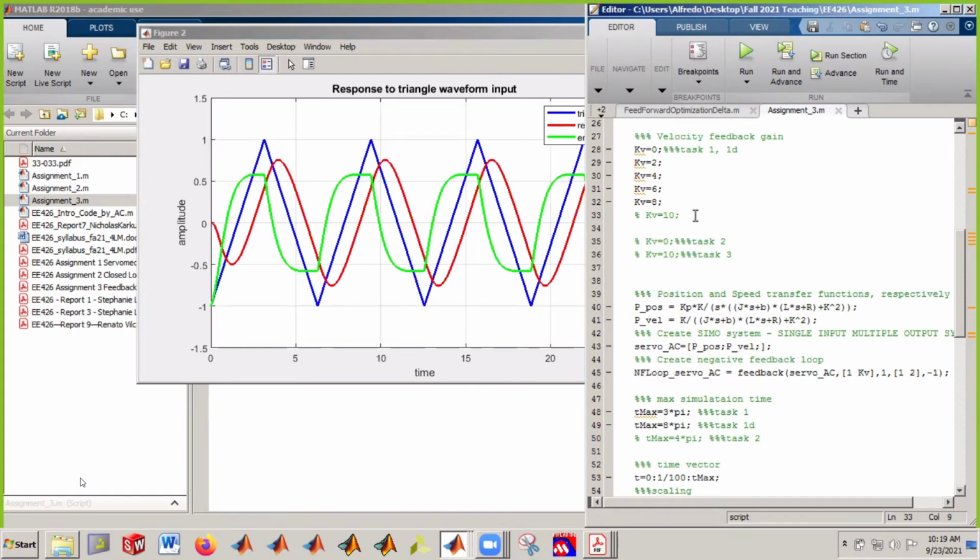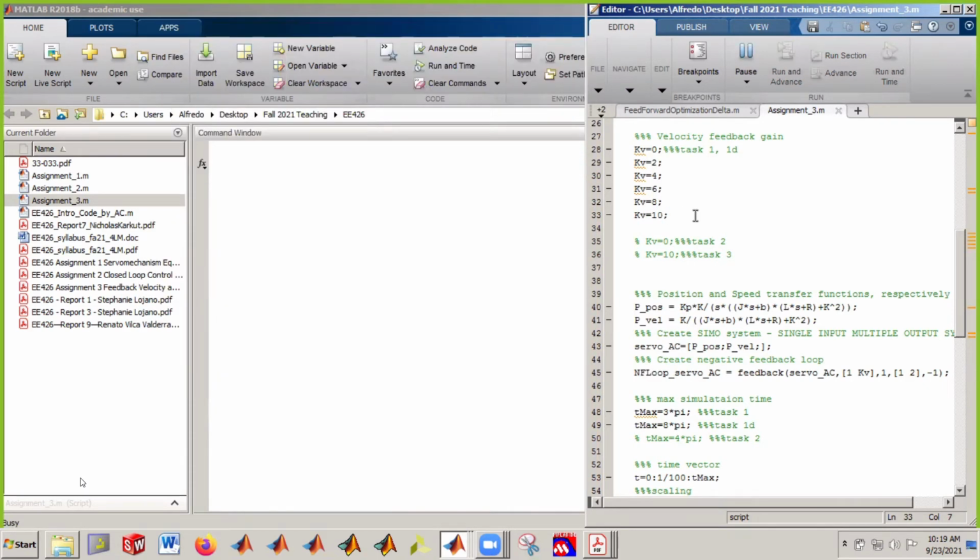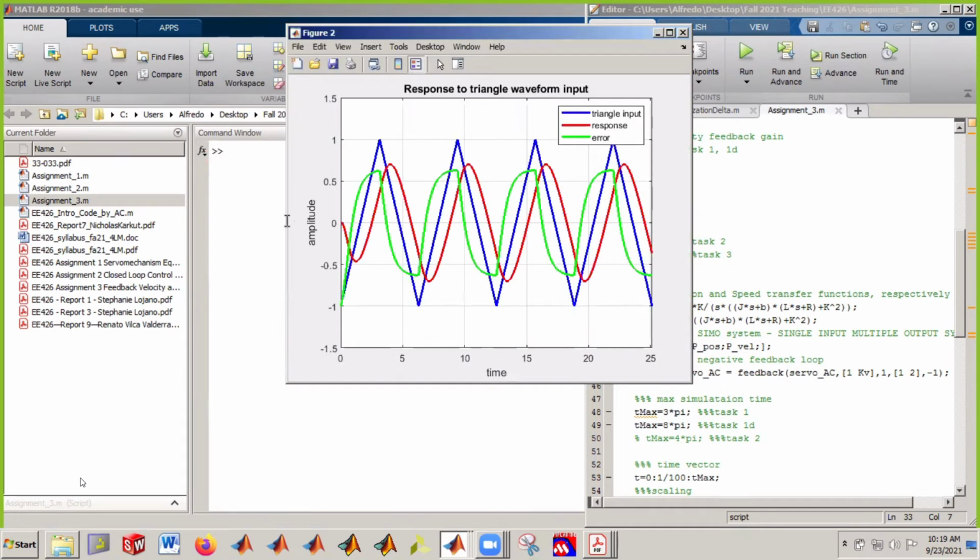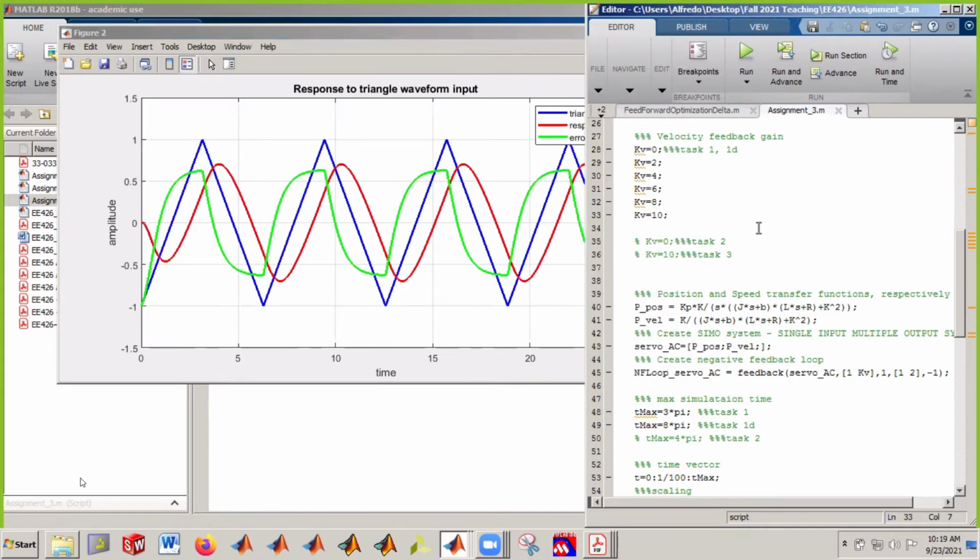And finally, this is KV equals 10. Did somebody see what happened? Can anybody tell me what they saw for this particular case? If you compare this KV equals 10 to KV equals 0, that's probably the best way to see what happened here.